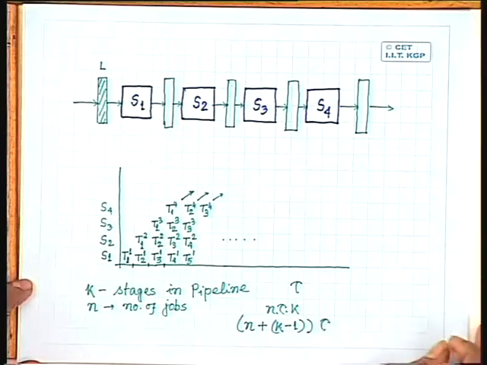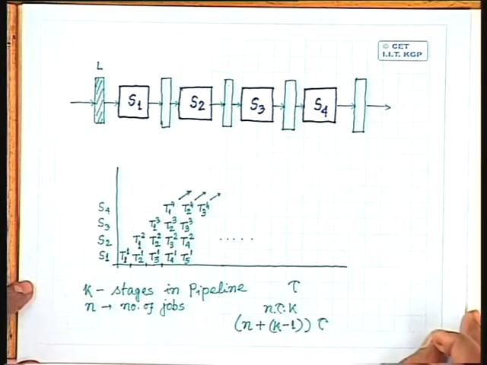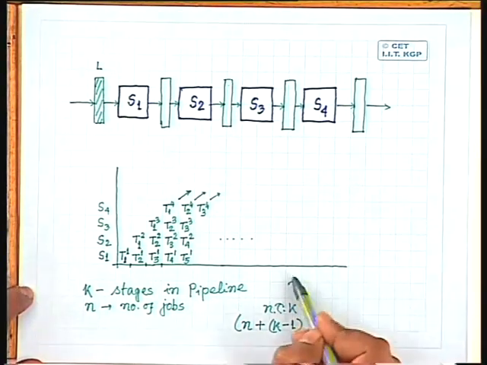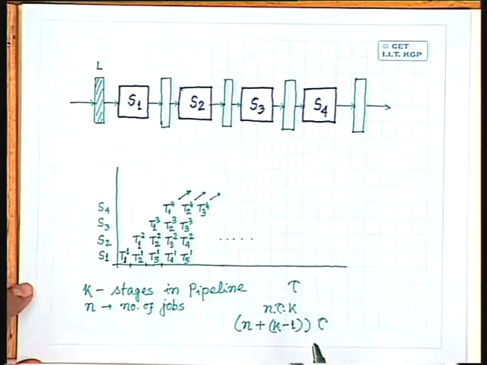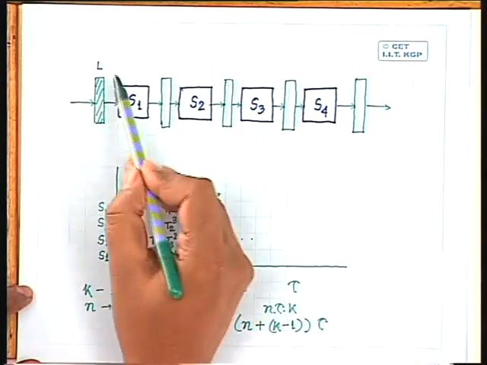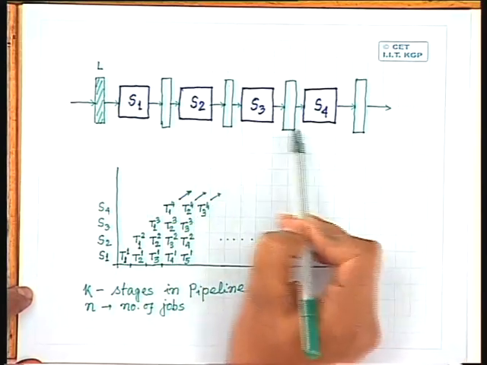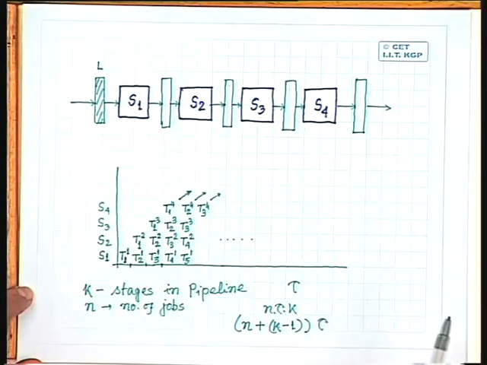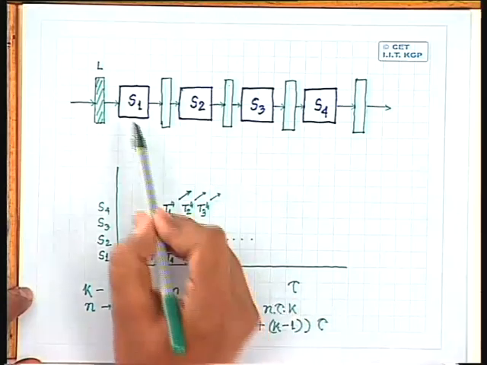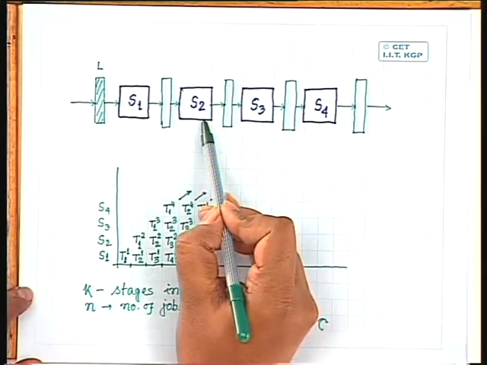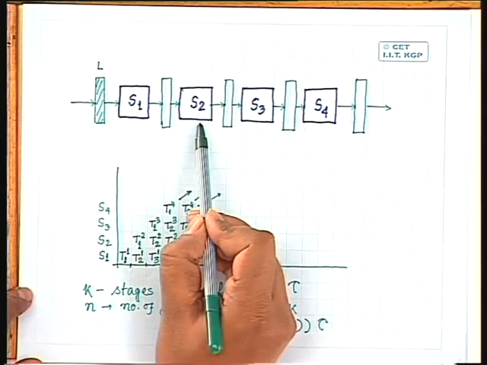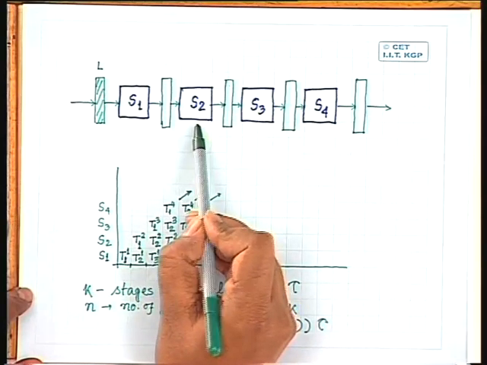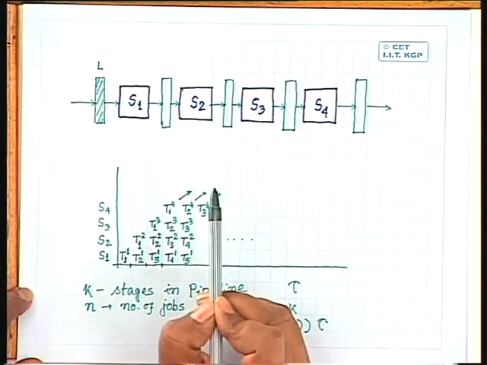Okay. Now, if all the pipeline stages take an amount of time tau, in that case you can easily find out that use of these latches is not essential. Because whenever one stage completes its execution, the data from the previous stage is ready for passing to the next stage.